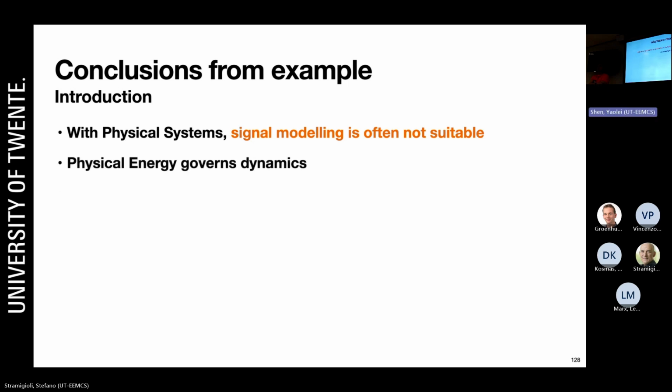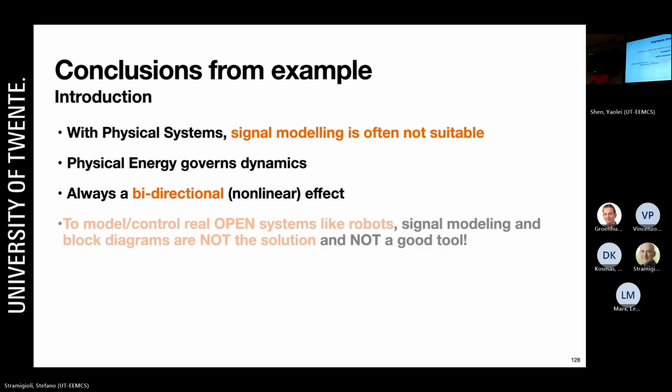Physical energy governs the dynamics, and you always have a bidirectional, nonlinear, whatever effect. To model and control real open systems like robots, signal modeling is really not what you should do. Block diagram is not really the solution. A block just gives a causality relation in the evolution of computations. Physics is not computation.